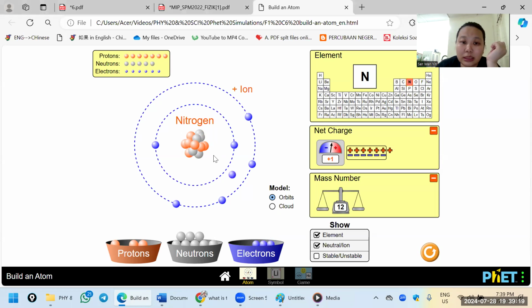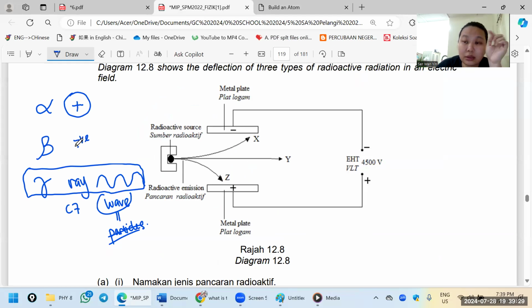Okay, so the electron that splits out, we call it beta. Okay, so the beta is radiated out from the atom. Then this alpha actually is a helium. This alpha actually is a helium ion.